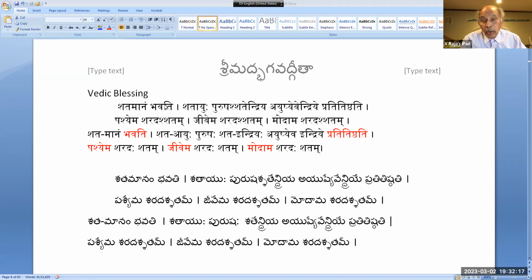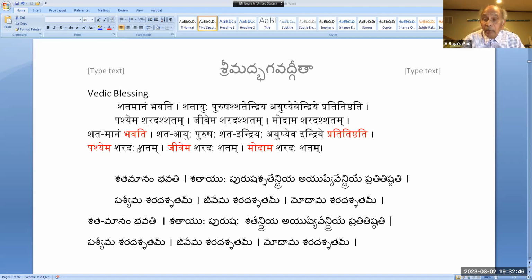And so once you know this, look at this. Pashyema Sharadam Shatam. Most of you know Shata, 100. Sharadaha Shatam. Sharadaha is Sharad rutu. There is no point in saying, may you live for 100 years.